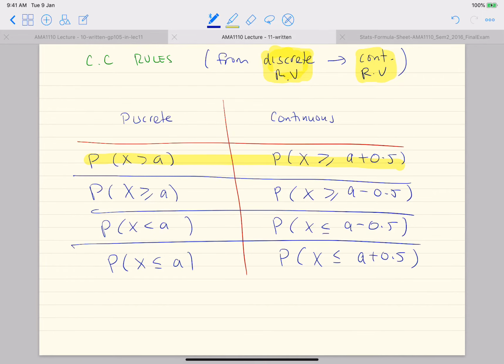If we have the probability that x is greater than or equal to a, then going to the continuous one, you take away 0.5. When you're calculating the probability that x is less than a, the continuity correction is minus 0.5. If you're calculating less than or equal to a, then you add 0.5. So those are the rules.